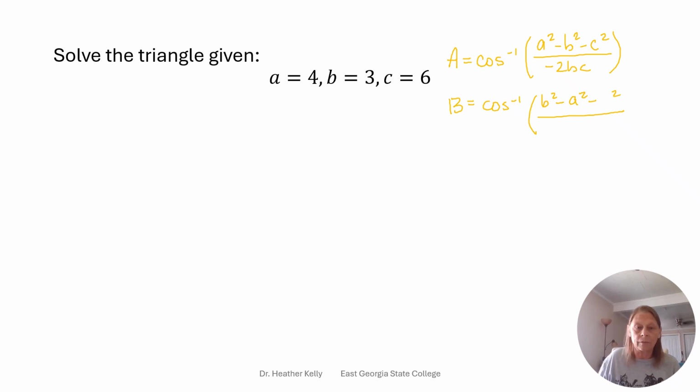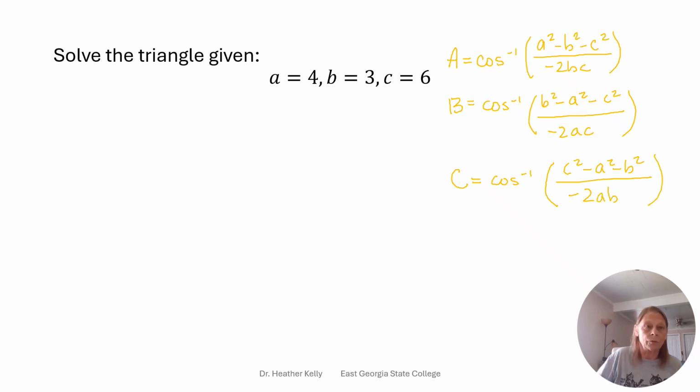Let me fix that. Negative 2AC, and our angle C is the arc cosine of C squared minus A squared minus B squared, all over negative 2AB.